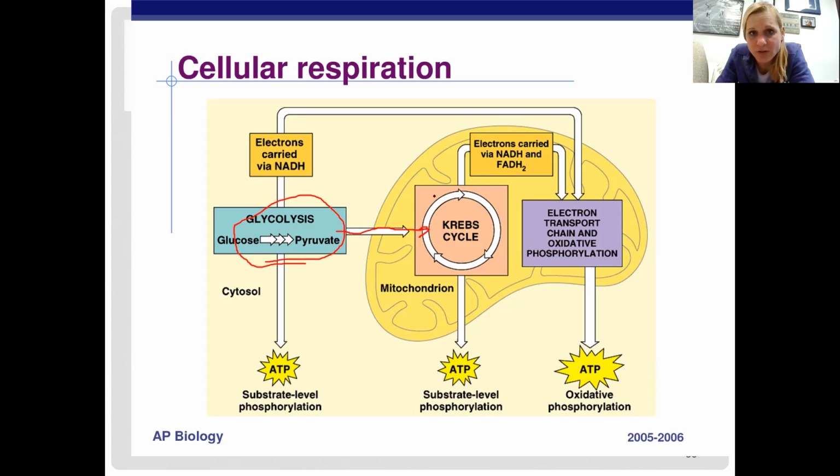Again, Krebs cycle is our first opportunity to use proteins and or fats if we want to, but we need carbohydrates as a primer to get those things started. And then lastly, we'll use the electron transport chain in order for us to utilize that oxygen molecule and to get 90% of the ATP that we have.